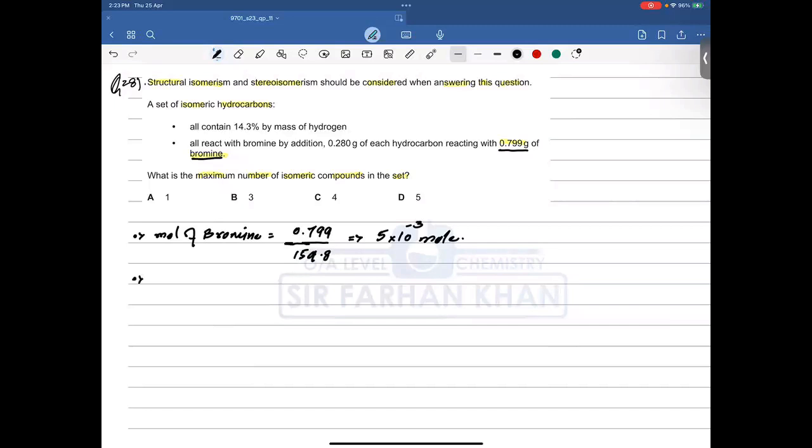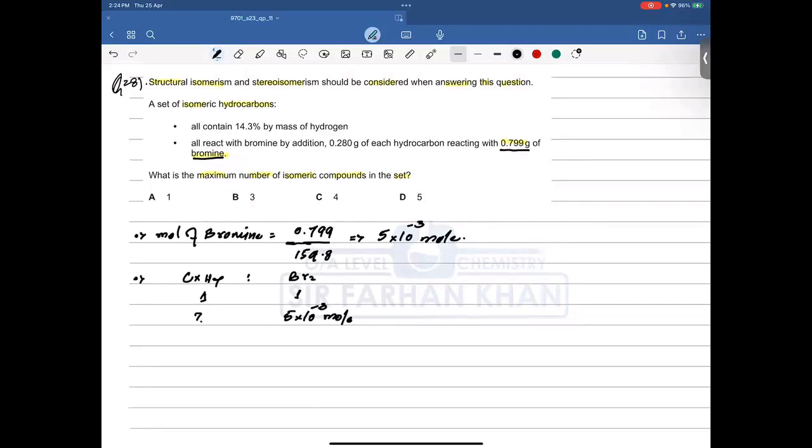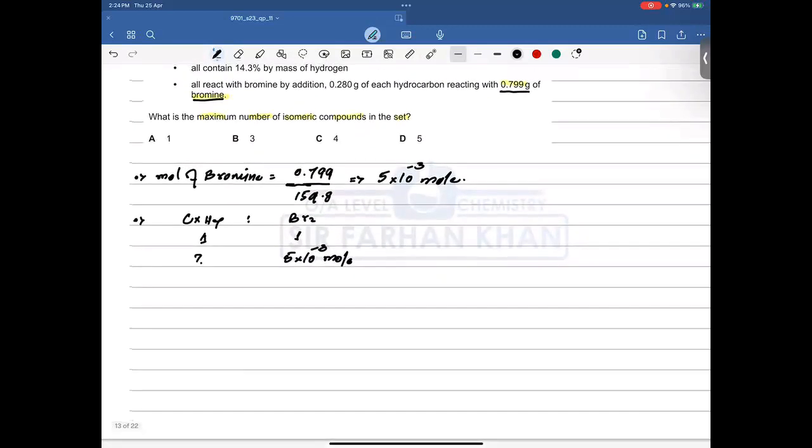Since bromine and hydrocarbon have a 1:1 ratio, if you have 5 into 10 to the power minus 3 moles of bromine, obviously moles of hydrocarbon is also the same, which is 5 times 10 to the power minus 3 moles.